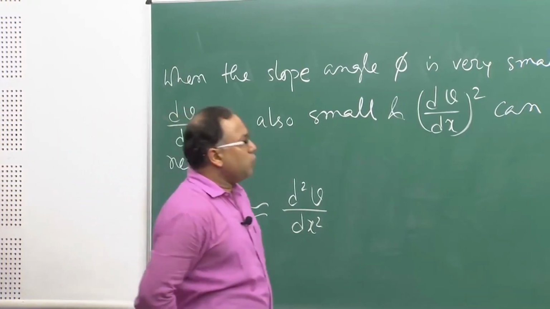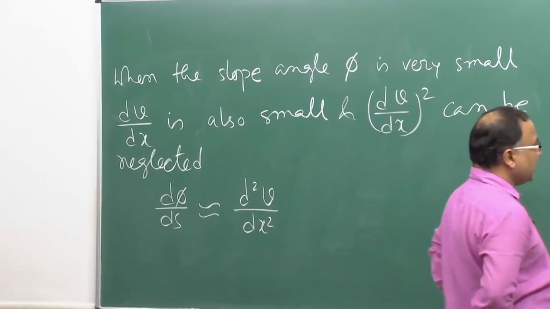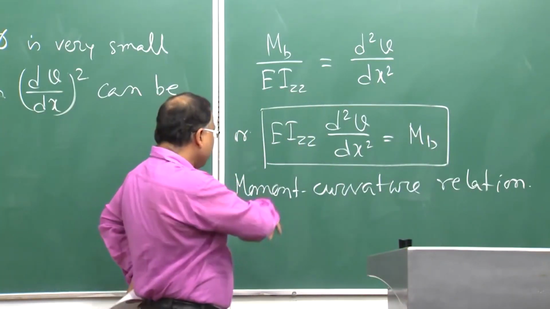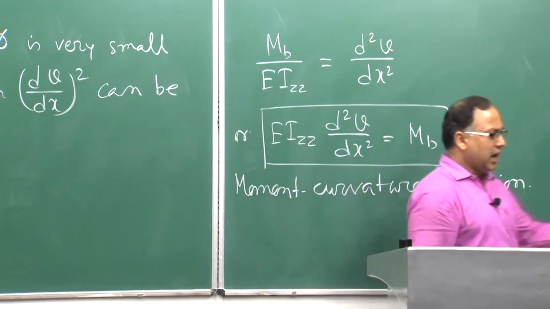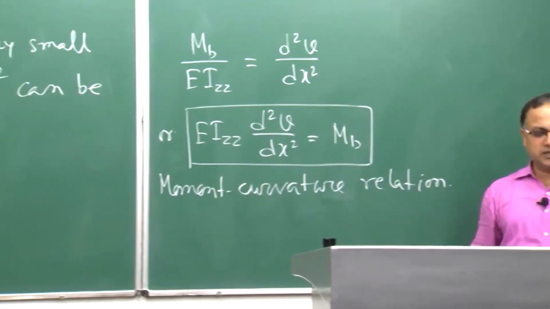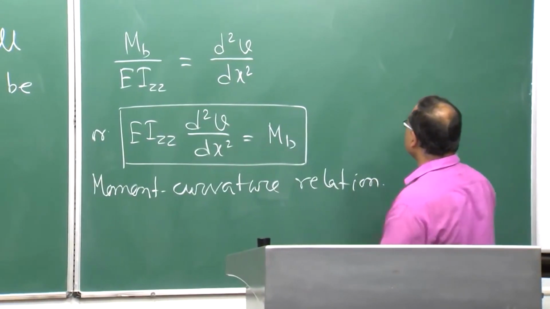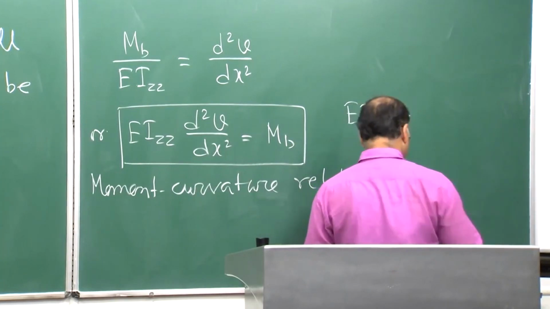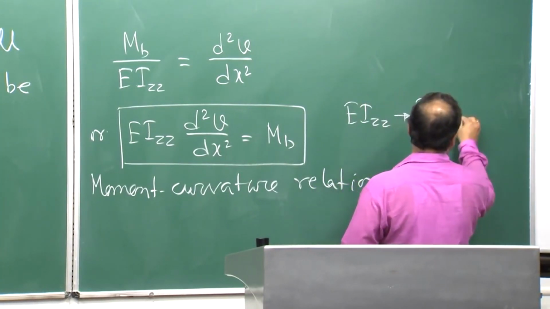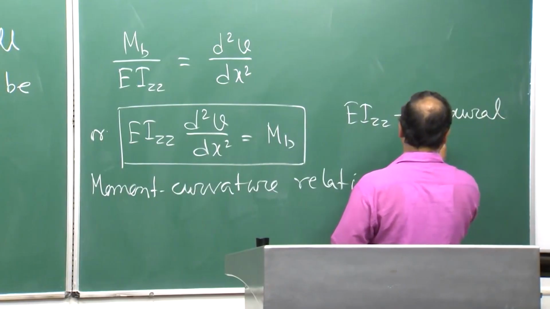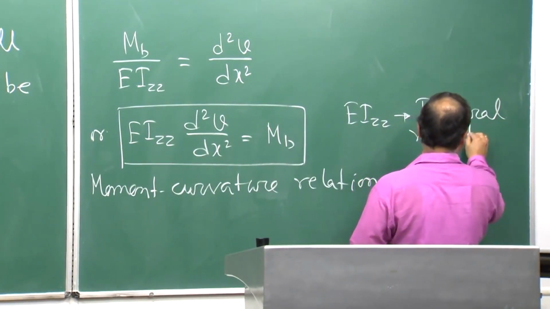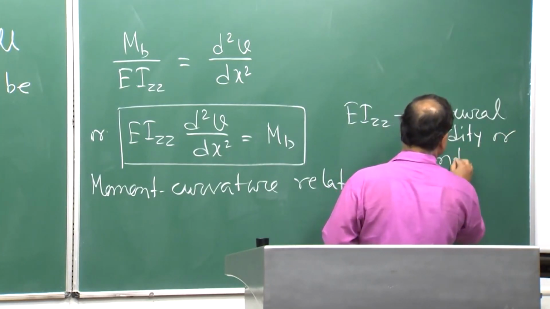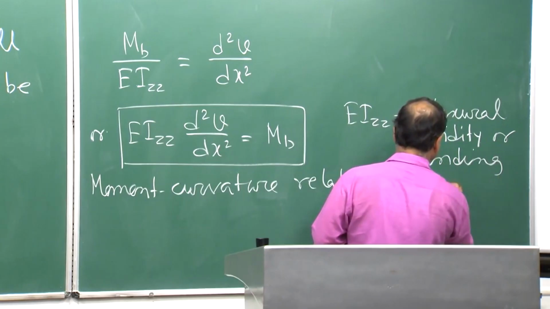Now, what does it say? It says that if you know the bending moment applied in the slender member, and if you know this EIzz, which has a special name, it is known as flexural rigidity or bending modulus.